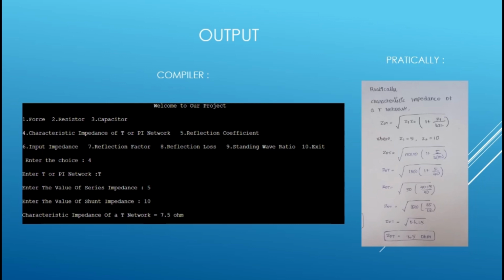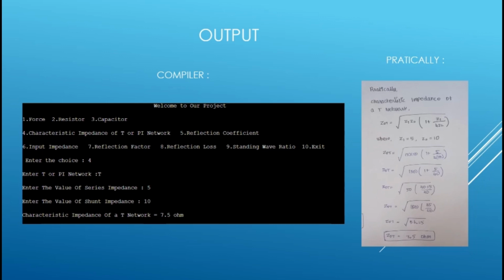Practically, the characteristic impedance of T network is ZOT equal to square root of Z1 Z2 into 1 plus Z1 divided by 4 Z2, where Z1 equal to 5 and Z2 equal to 10. Applying the values, ZOT equal to root of 5 into 10 into 1 plus 5 divided by 4 into 10.